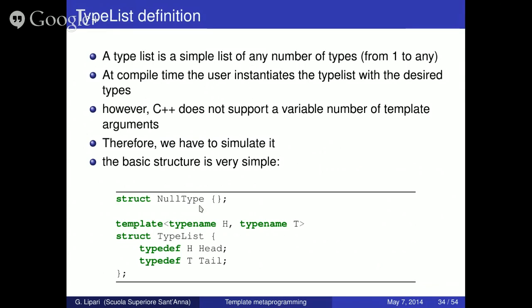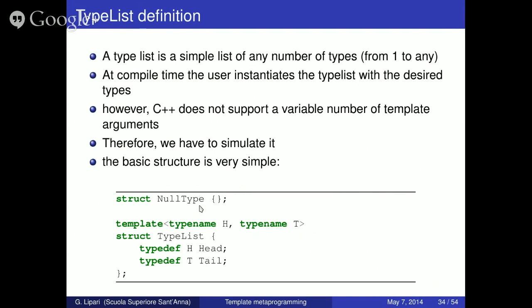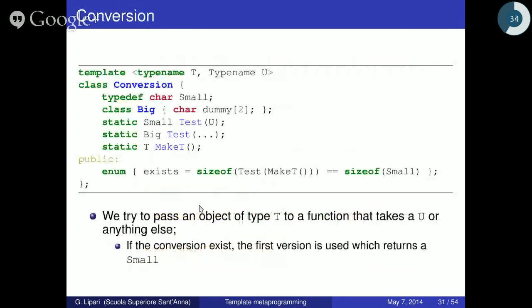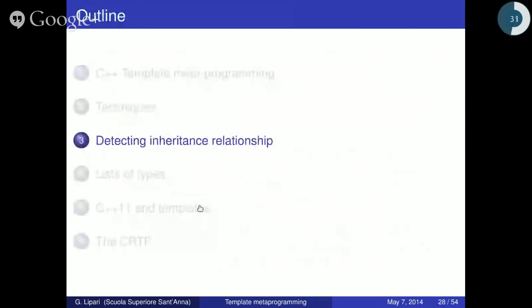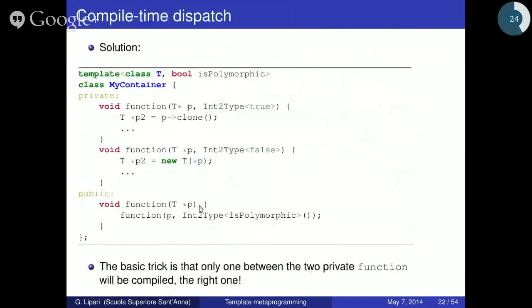A type list is a list of types. As a normal list is a list of objects, a type list is a list of types. A list of types is another type and has no specific size in memory. It's a sort of empty structure, much like a structure like this.